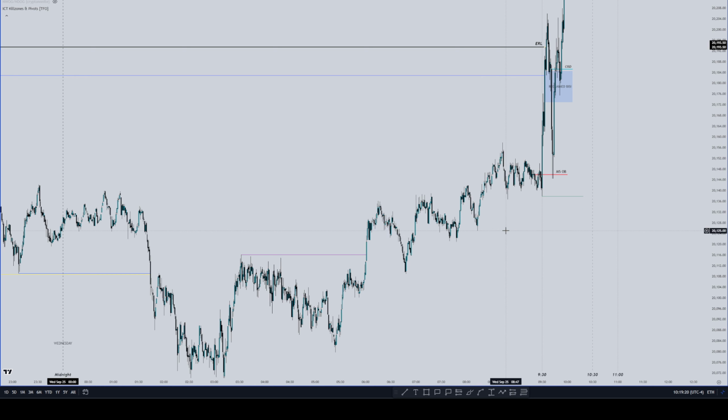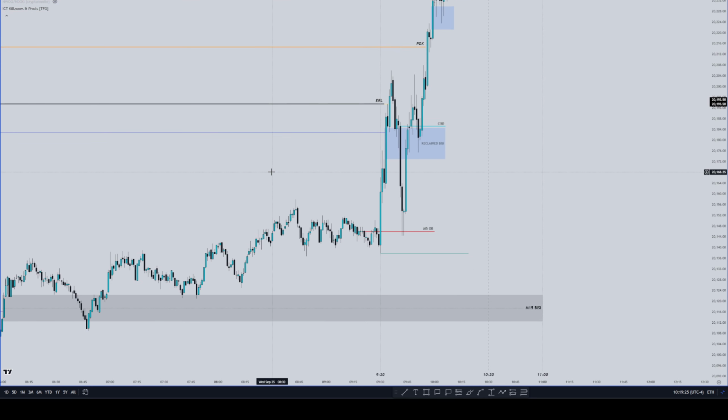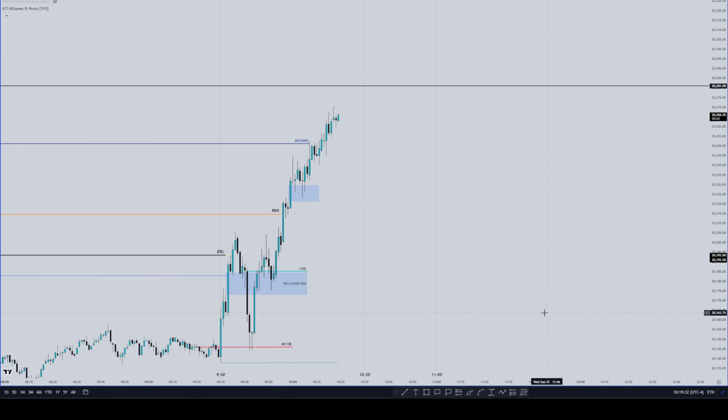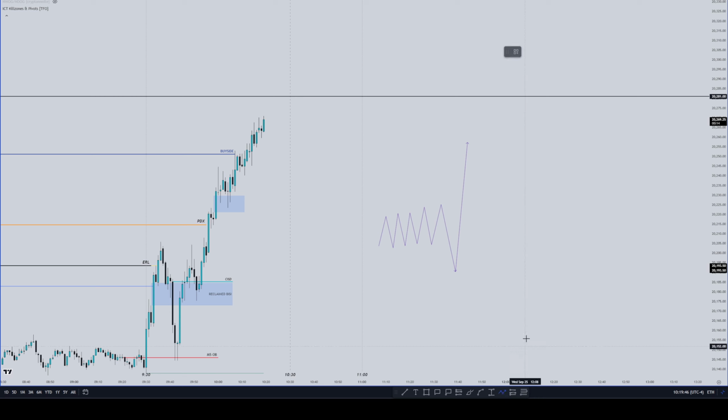So anytime you have a fair value gap, there's going to be lower time frame liquidity. Anytime you have buy side or sell side, there's going to be lower time frame liquidity, mostly in the form of relative equal highs or lows in that range. So consolidation is either building up for a manipulation into a higher time frame PD array, either an IRL or ERL, and then expansion, or it's going to be consolidating and then expanding for a retracement back up.